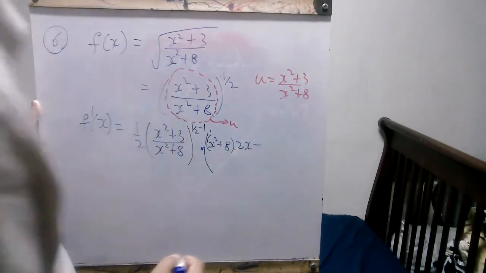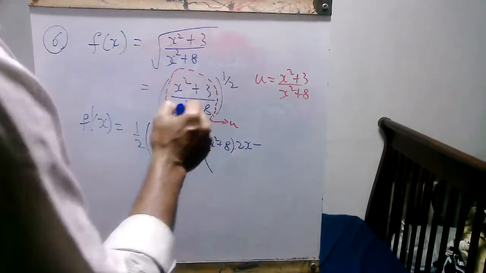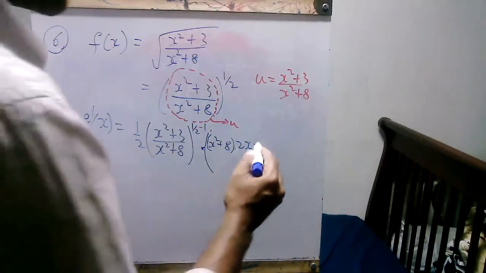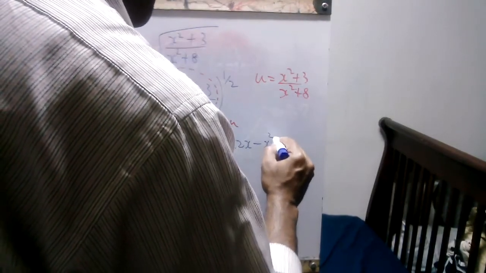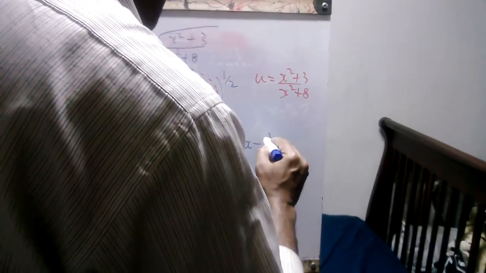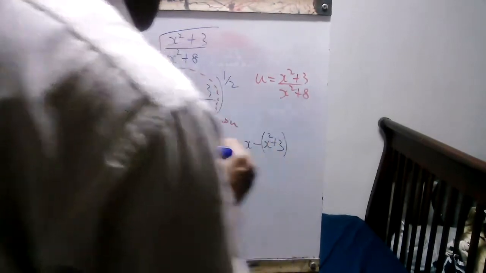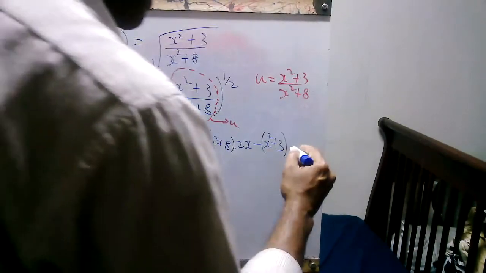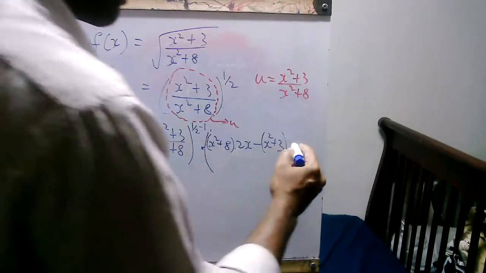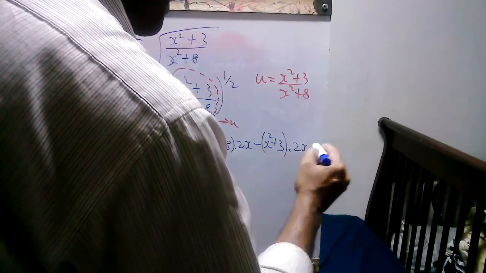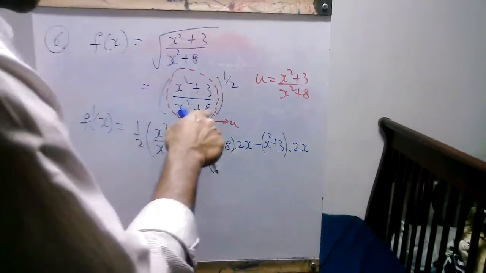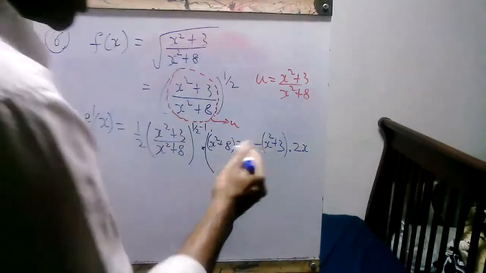minus numerator times derivative of the denominator, x square plus 3 times the derivative of the denominator, again 2x, divided by denominator square.